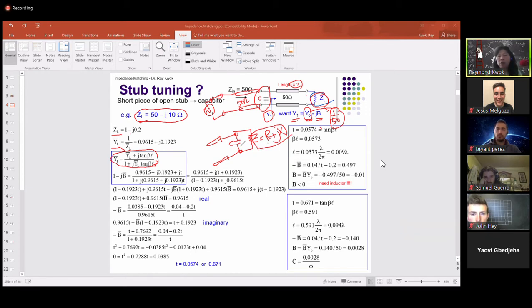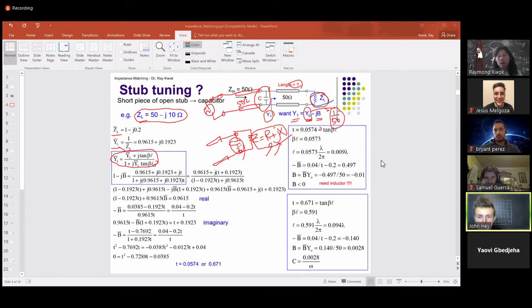You cannot use one parameter to match both. It's like solving simultaneous equations: two variables, you need 2 equations. So now you have 2 variables to equalize or match, so you need to have 2 elements.